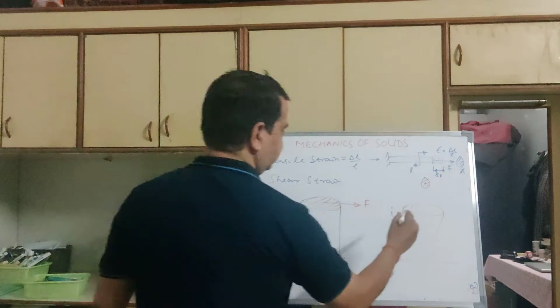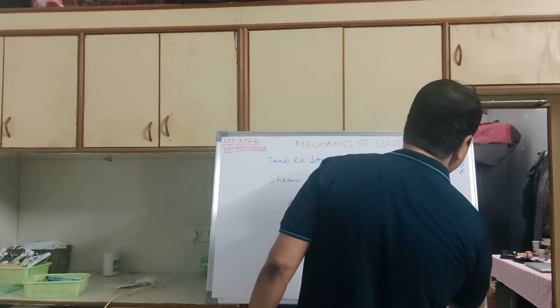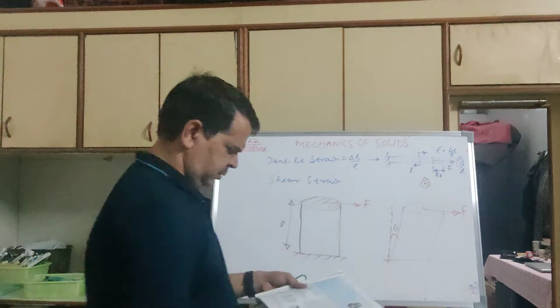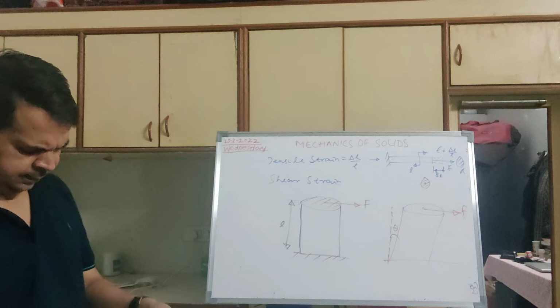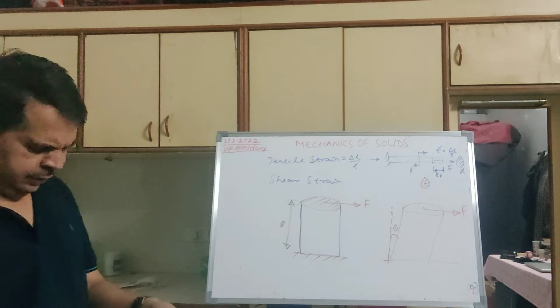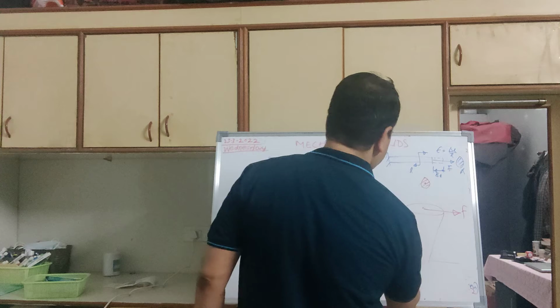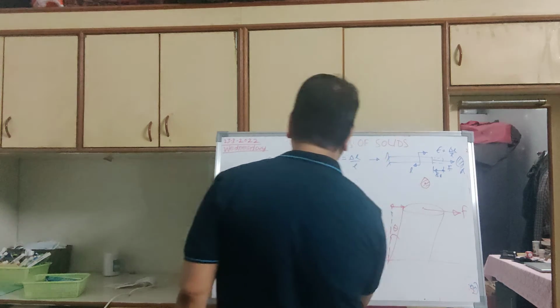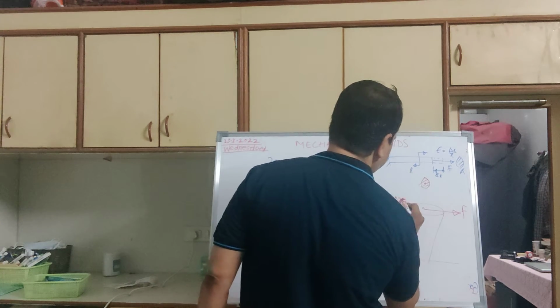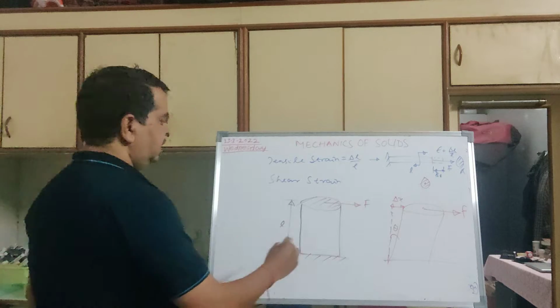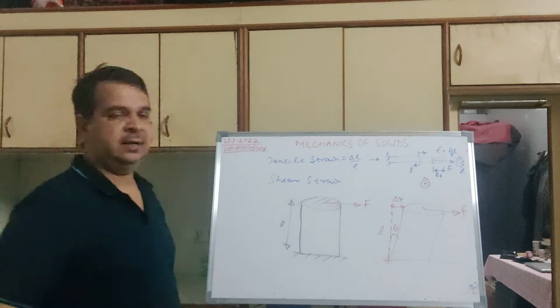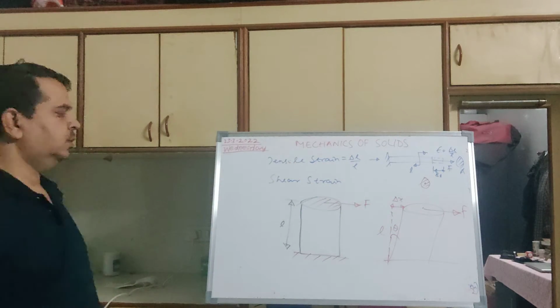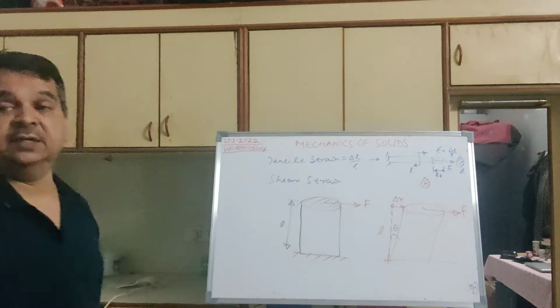So this is the force you are applying, that is the force parallel to the cross section. Let us say this distance from the original position is delta x, and the length is L. So what is the shear?